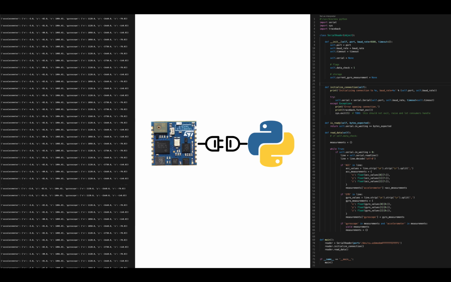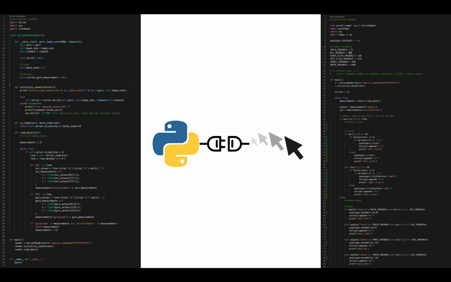A big question also was how we can put together SensorTile data into Python, and we use the serial library. Through the serial library we created this pipeline of the data that enters the Python code, which will eventually control the mouse movement.